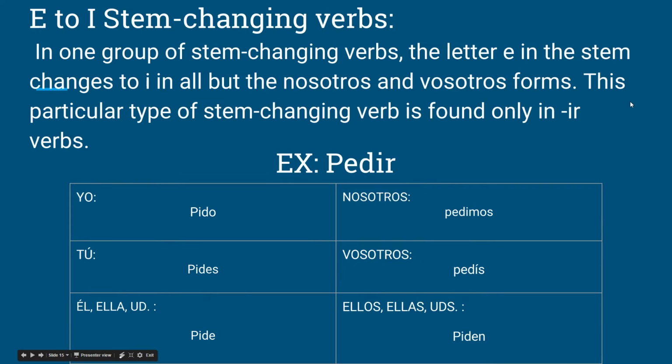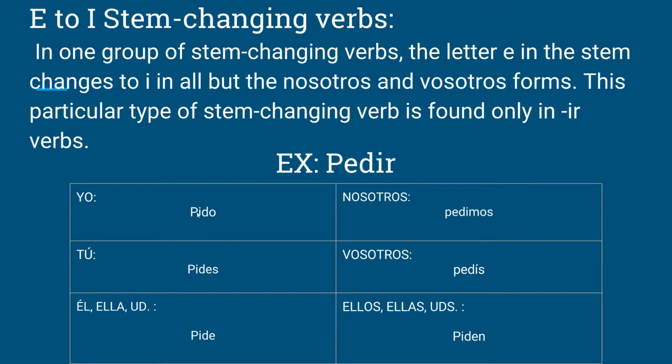Alright. Now we have E to I stem-changing verbs. In one group of stem-changing verbs, the letter E in the stem changes to I in all but the nosotros and vosotros forms. This particular type of stem-changing verb is found only in IR verbs.